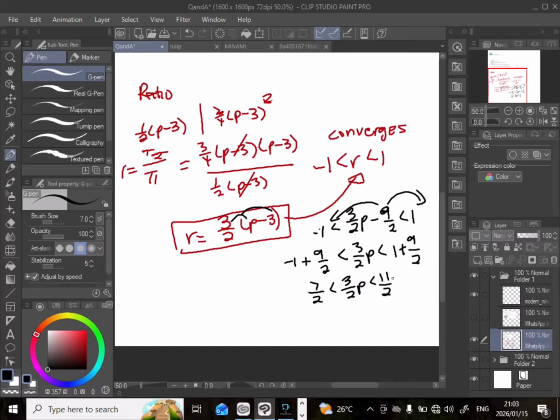Now remember, we are solving for P. So we have to divide by this coefficient here. So it will be 11 over 2 divided by 3 over 2, and here 7 over 2 divided by 3 over 2.